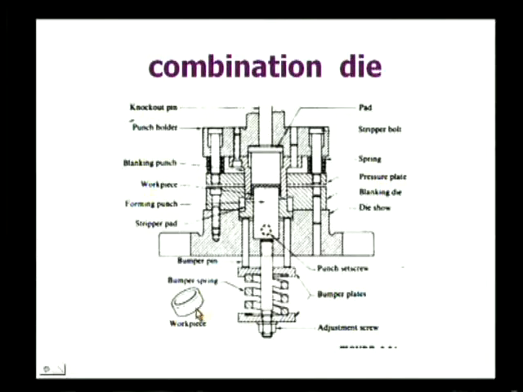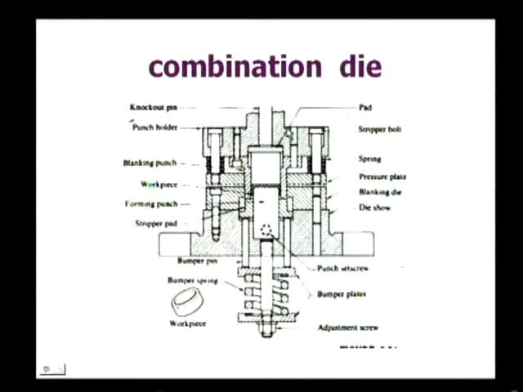It is to be formed by a pressing operation into a dish shape, which is only possible by a forming operation. Not just forming, but also cutting the blank will be carried out in this combination die. That is the advantage of this combination die, which combines two operations, the forming operation as well as the cutting operation.